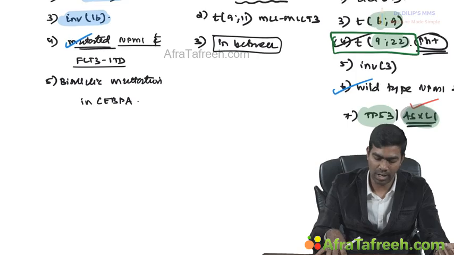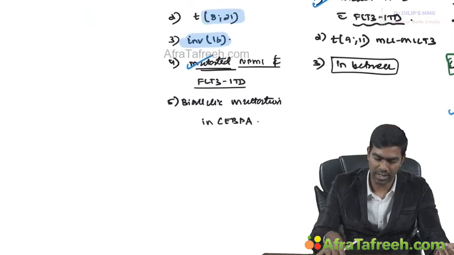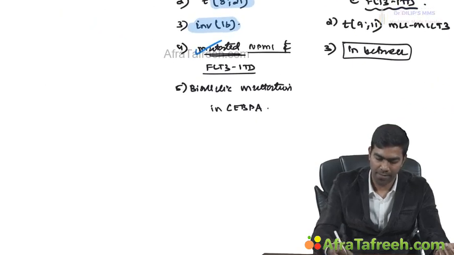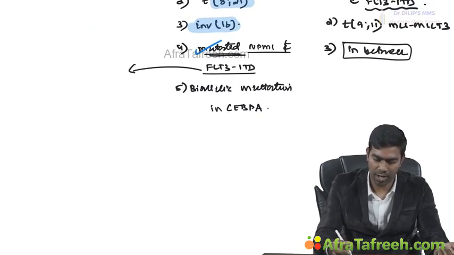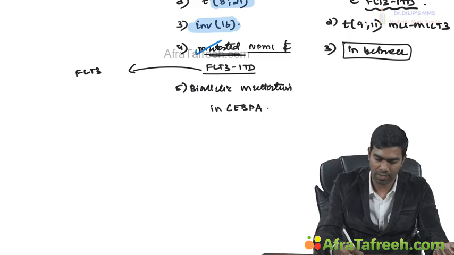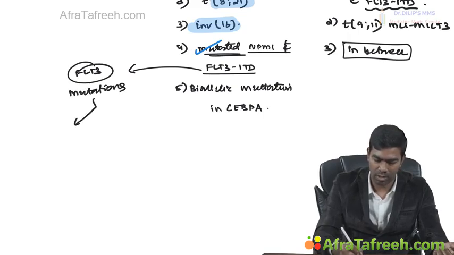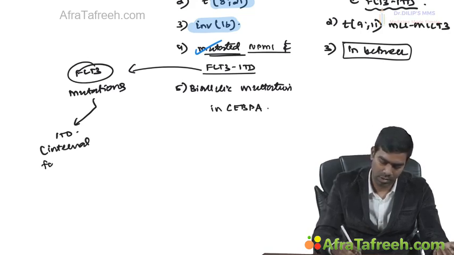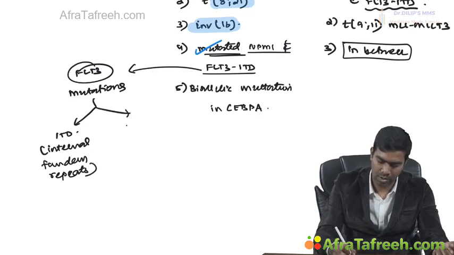In this, I want to tell you only about FLT3 ITD mutations. Remember, you have 2 types of FLT3 mutations. One is called ITD mutation, that's called internal tandem repeat kind of mutation. The second one is called TKD mutation.